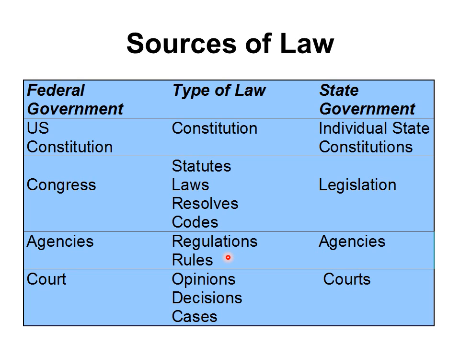Regulations and rules are a type of law. Remember, those come from agencies, and we have them both from the state and the federal. Opinions, decisions, and cases. Remember, that's statutory interpretation or common law that comes from courts. And look, we have the courts on the federal and the state.